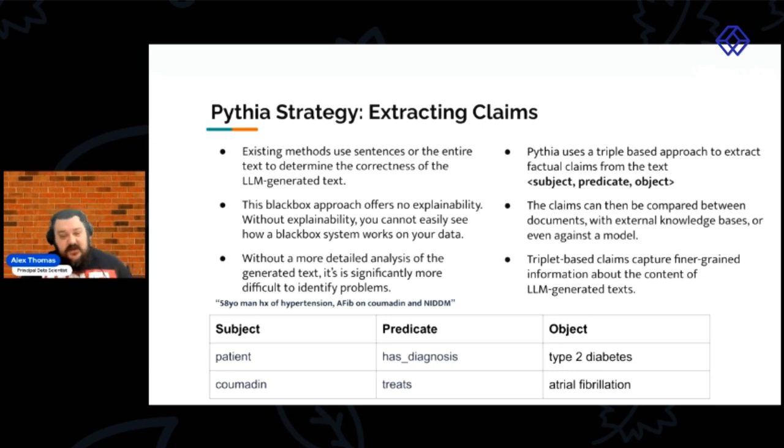So the Pythia strategy, this is one we have. This is one based off extracting claims in the form of triples, explained here, and then evaluating those. The idea is that if you are just giving your inputs and outputs, just the text, to be evaluated by an LLM again, you get less actionable information.